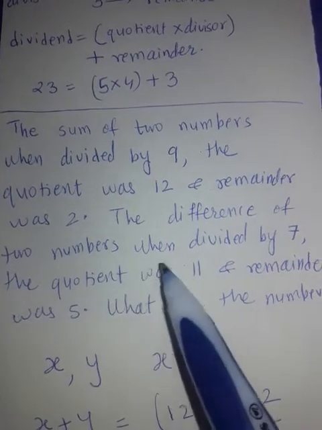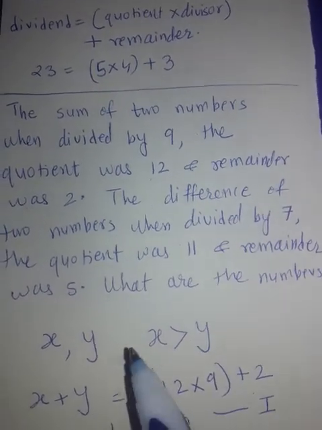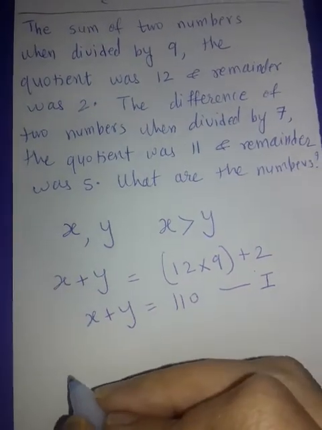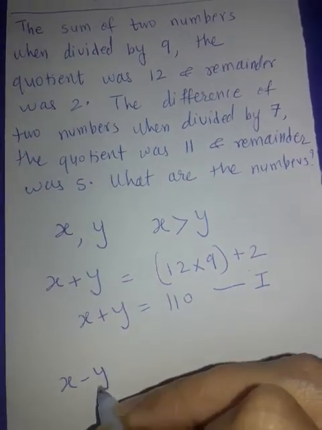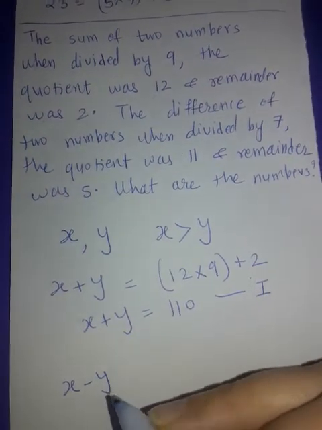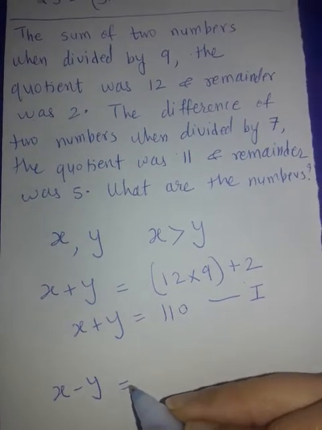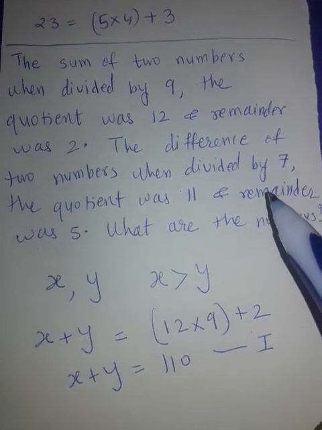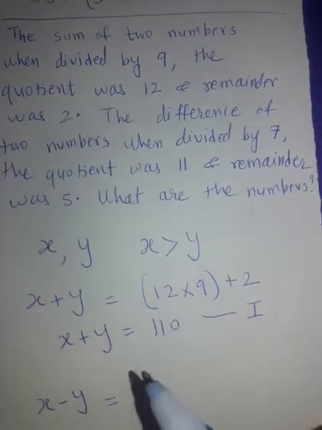The difference of two numbers when divided by 7. Here I am assuming x more than y. So difference will be x minus y. And it is divided, so now it is dividend. It is divided by which number? By 7. So 7 becomes divisor. Quotient is 11.